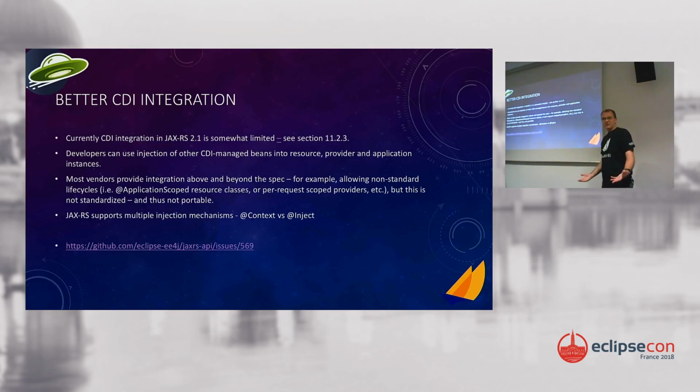Other technologies like JSF have already made that move, and we'd like to follow so that CDI is the dependency injection engine for Jakarta EE. The other thing is lifecycle. We saw that in my SSE example where I annotated it with ApplicationScoped. That's actually not part of the spec. Most vendors support that, but to be truly portable, we want to make that formalized.